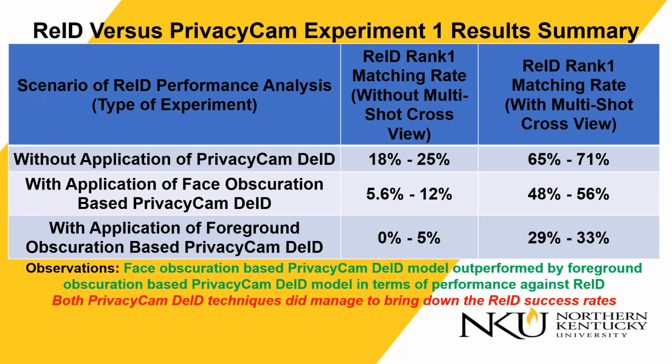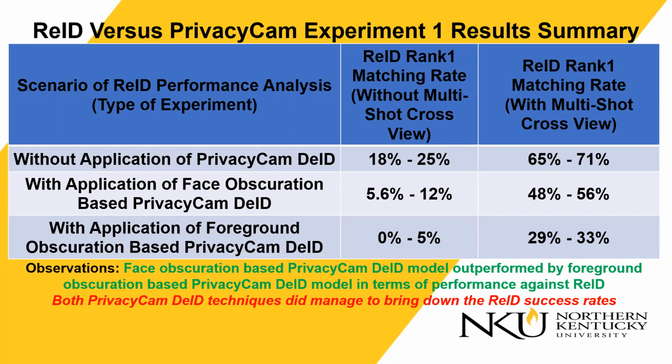That means an average of about 68% success. And that actually drops down to a success rate of 48% to 56%, again in that multi-shot cross view, when we use the face obscuration Privacy Cam version on the CUHK01 dataset images.